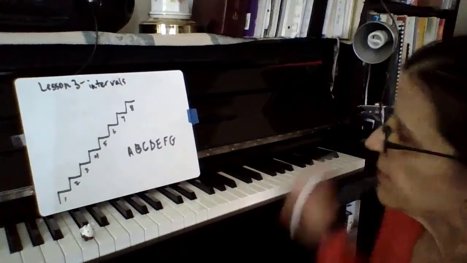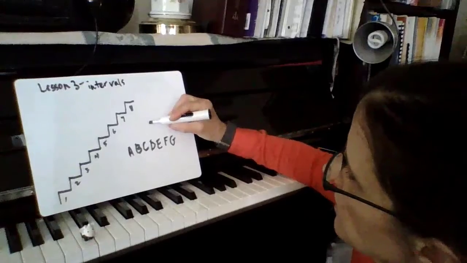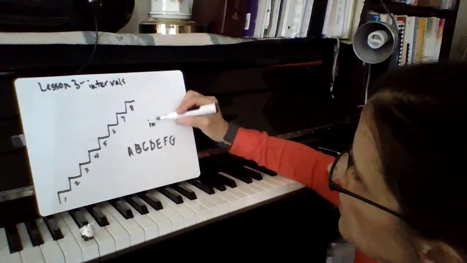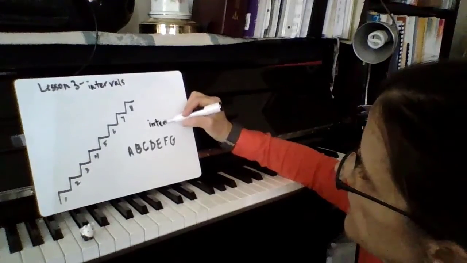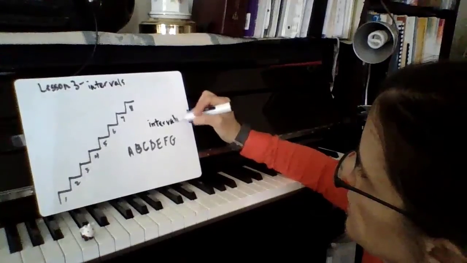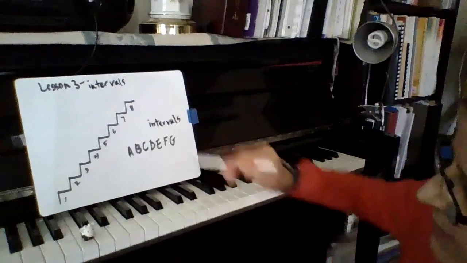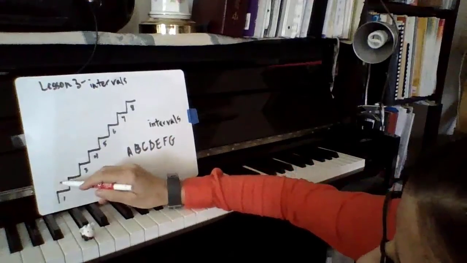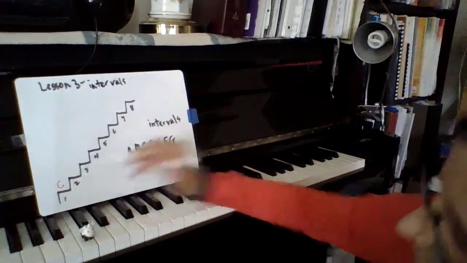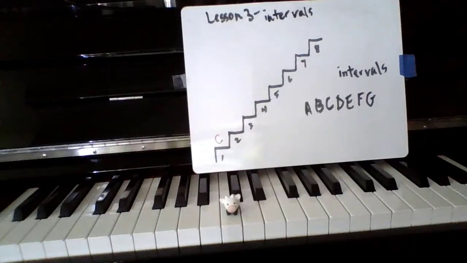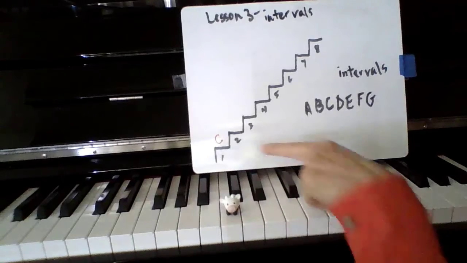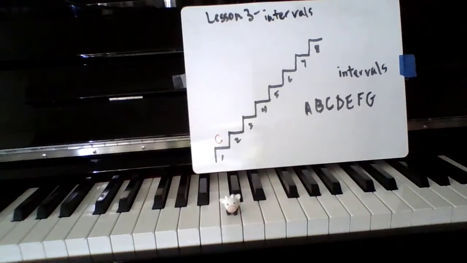When we talk about intervals, that's a big word. But all it means is, you have a starting note here. Let's have the cow here. Let's say that the cow is on middle C, and that's step 1.